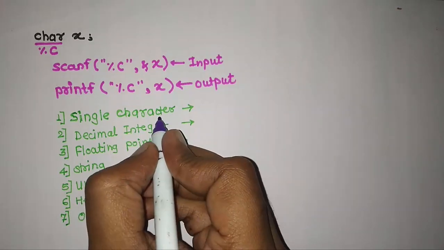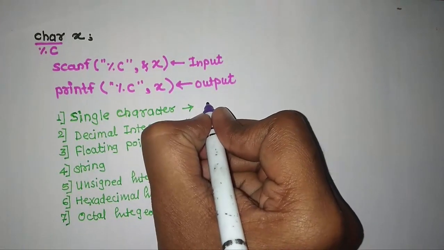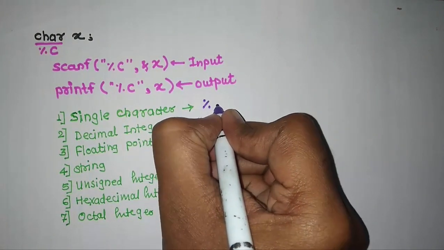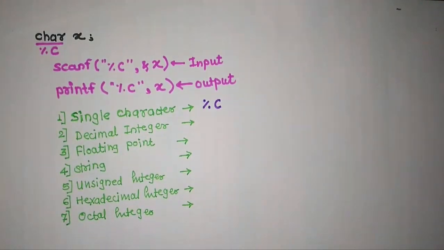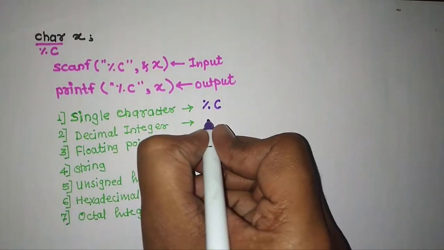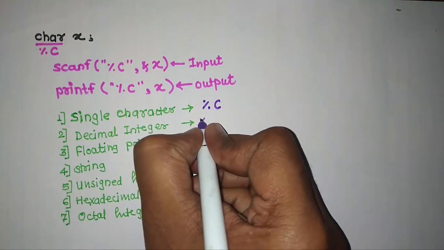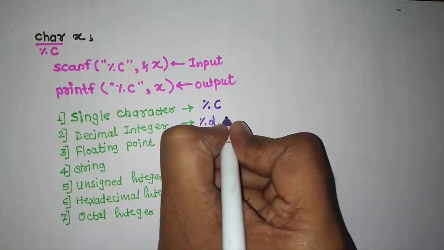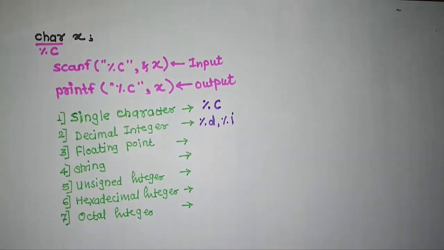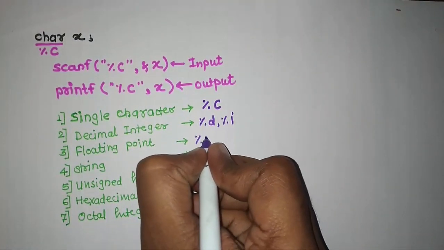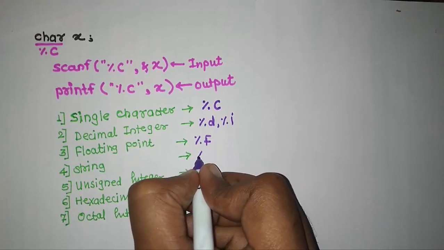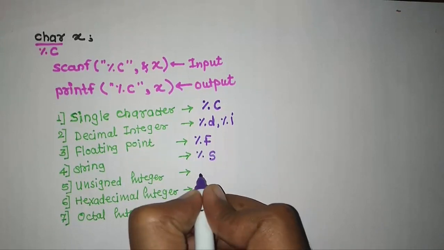So for single character, the conversion format specifier used is %c. For decimal integer, it is %d or %i. For floating point, it is %f. For string, %s.